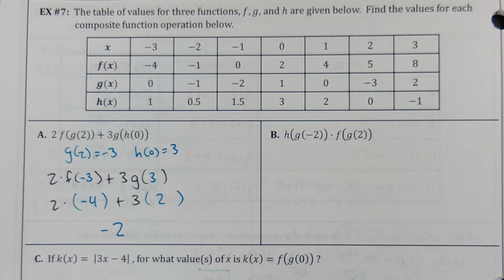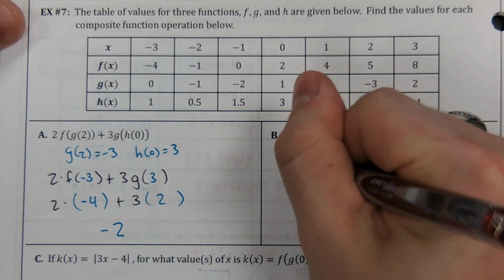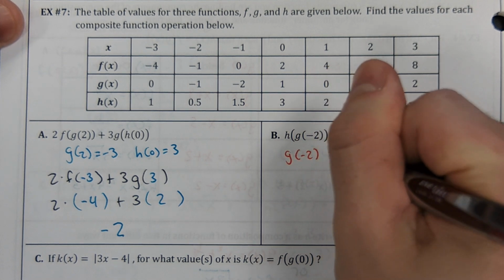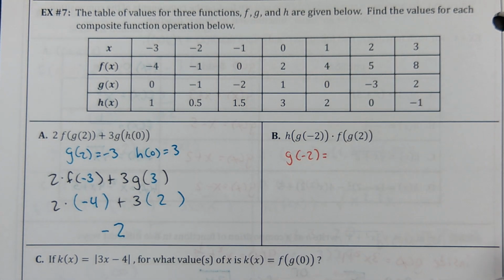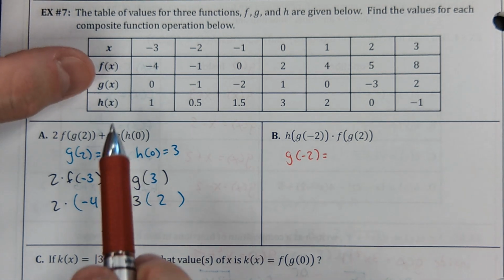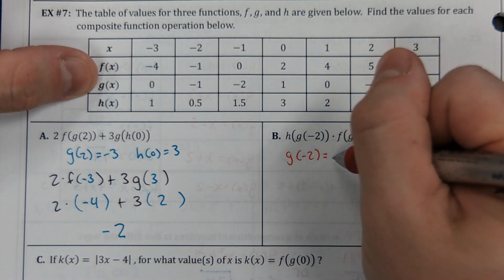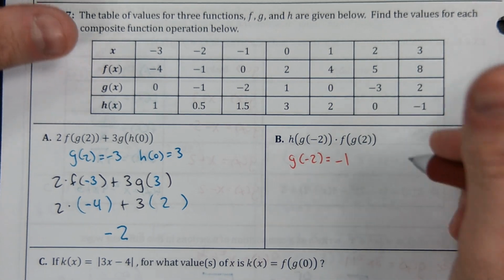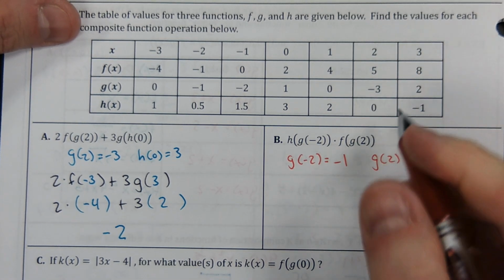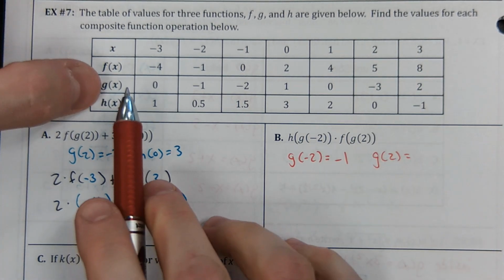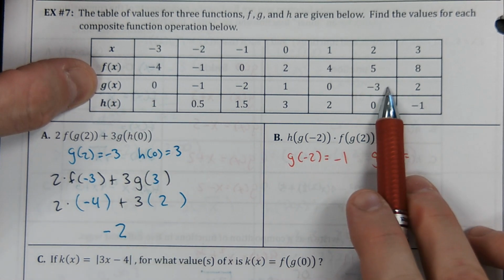How about g of -2? Anyway, g of negative 2. Go to function g, track down x equals negative 2, negative 1. Let's figure out what g of positive 2 is, because that's also on the inside. Function g, x equals 2.